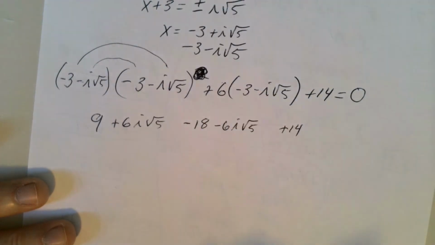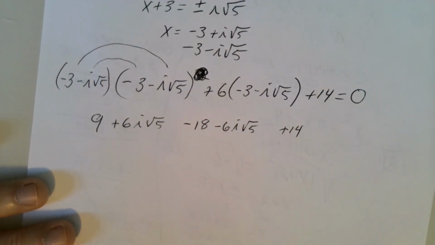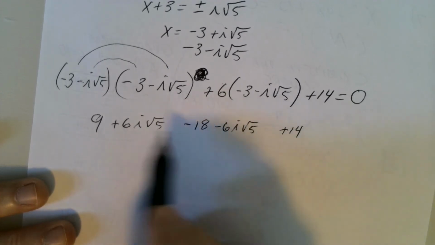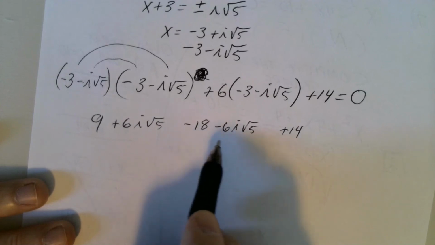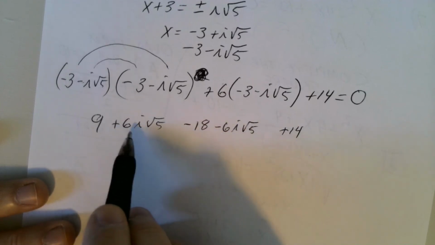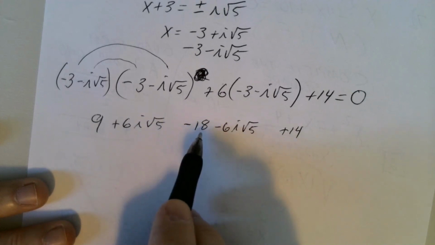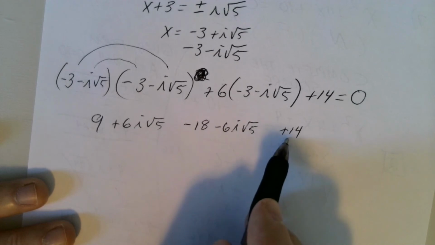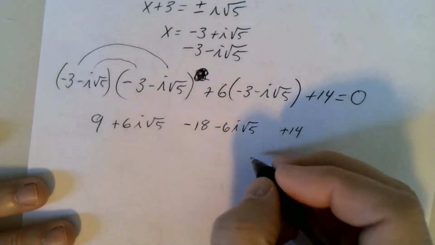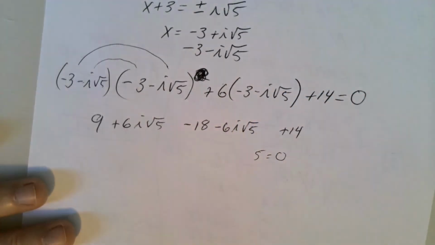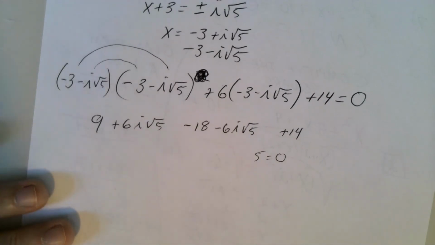And something just happened that I didn't expect. 6i root 5 minus 6i root 5 should cancel. 9 minus 18 should be negative 9. Negative 9 plus 14 is 5. And 5 doesn't equal 0. So I had a little glitch.